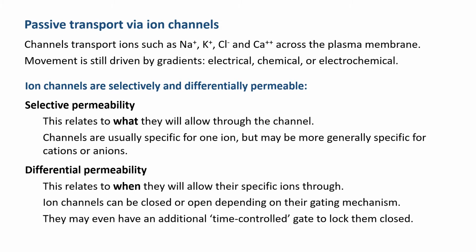Sometimes, and we will come across an example later in the module, they have an additional time-controlled gate to lock them when closed. So even if they're stimulated, they still won't open. So differential permeability is about when. It's about channels opening and closing. Selective permeability is about what. It's about the channels being specific for one or a few ions.